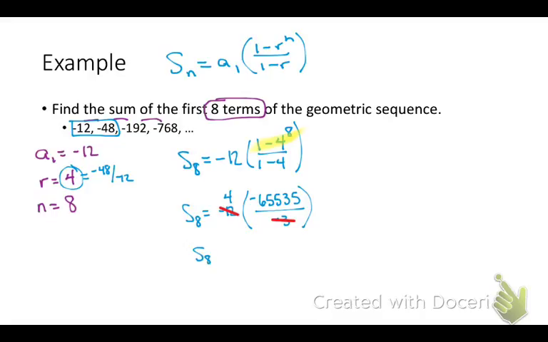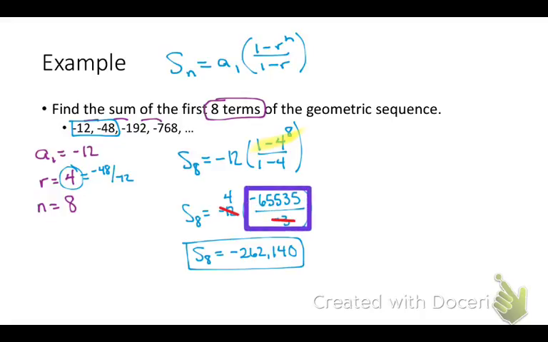So we're still going to get the same answer of negative 262,140. If you want to divide this part by negative 3 and then multiply by negative 12, that's fine. All we did was just cancel the negative 12 and the negative 3 and turn it into 4 over 1.